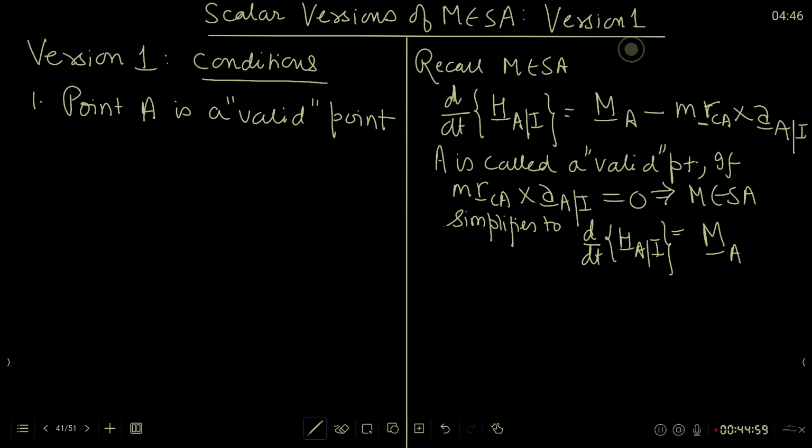There are a few more conditions I want to put here, but before I do that, let's look at this valid point in a little bit more detail. What are the conditions under which A will become a valid point?